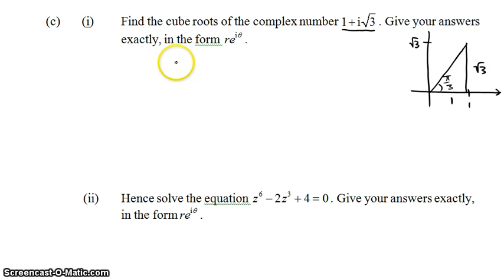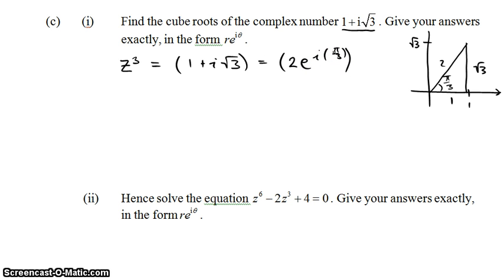Right? So I'm asked to find the cube roots of this complex number. So that means I'm asked to solve z cubed is equal to 1 plus i root 3. And that is equal to, and this is a 1, 2, root 3 triangle, so this would be equal to 2e to the i pi upon 3. And of course, actually, this is not just pi upon 3, it's pi upon 3 plus 2k pi.